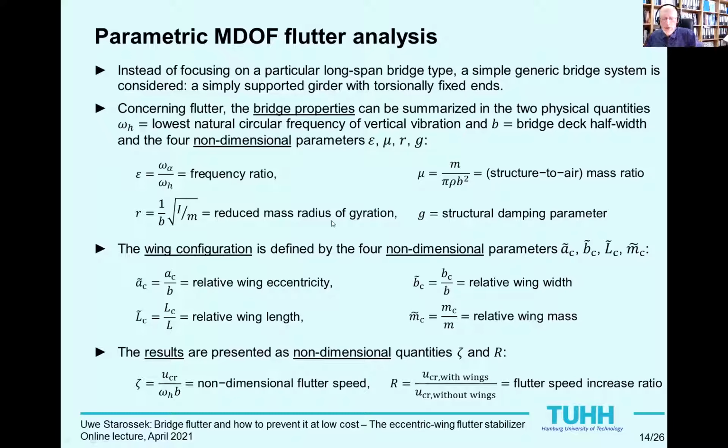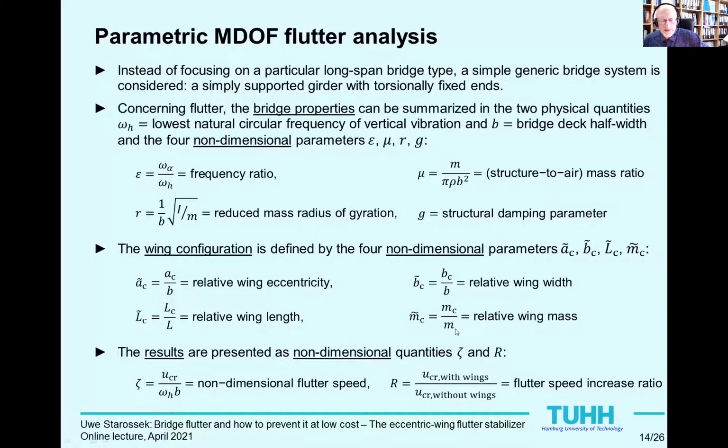The relative wing length, L_C tilde, which is the length of one wing related to the length of the bridge, and the relative wing mass, M_C tilde, which is the mass per unit length of one wing divided by the mass per unit length of the bridge deck.